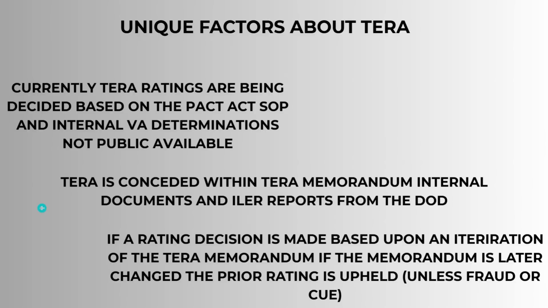And the problem that I have is when you're denied under TERA, you never know what it is that they said was in play, right? They didn't say you were exposed to lead, fuels, whatever. They don't say anything. They'll just say TERA was conceded within your TERA memorandum, right? That's the favorable finding that you get. And part of the reason why they do that, it's not the rater being a jerk or anything like that.